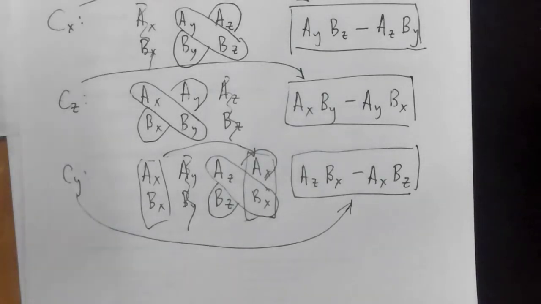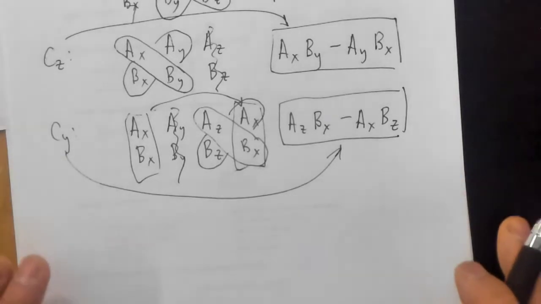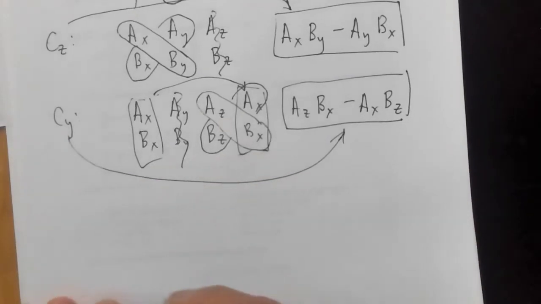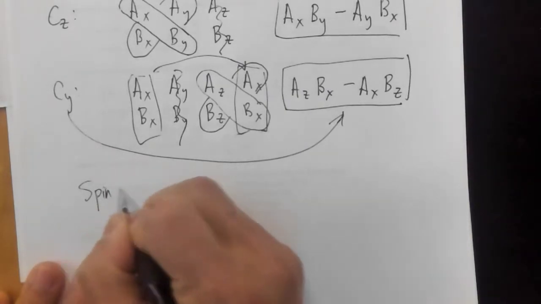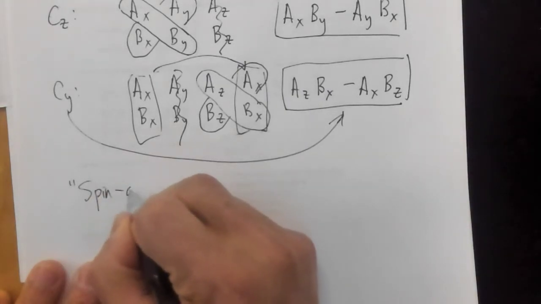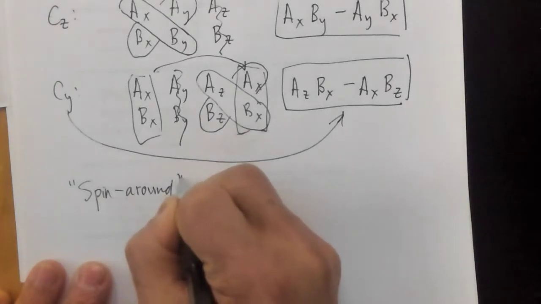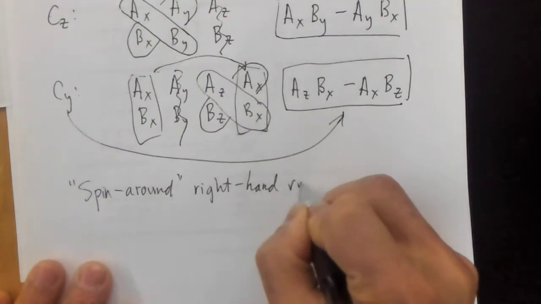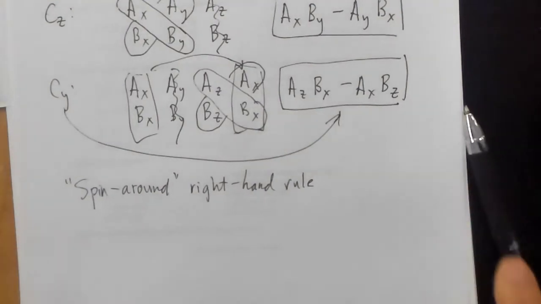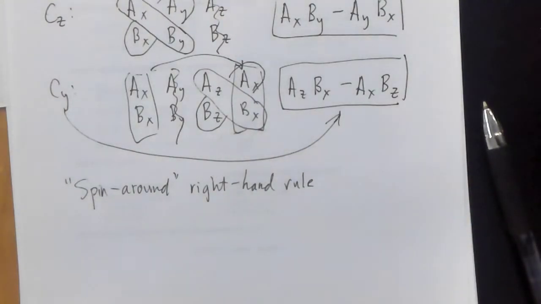All right, I did want to review these directions though, about the spin. Remember, there was another right-hand rule, the spin around right-hand rule. These terms, cross product right-hand rule and spin around right-hand rule, are not standard.